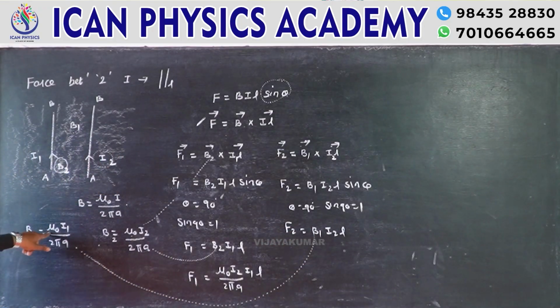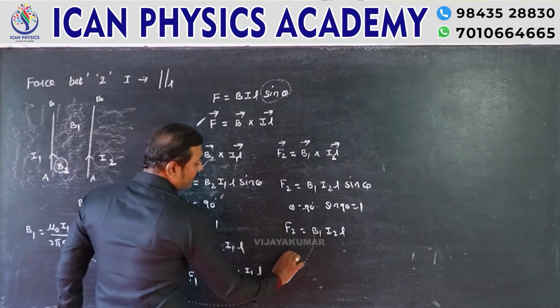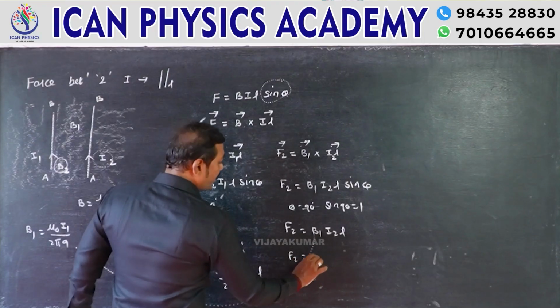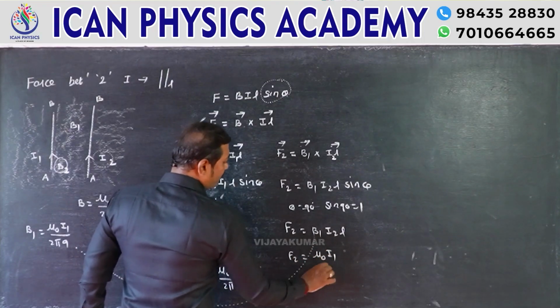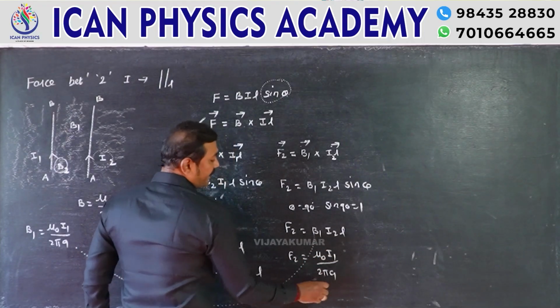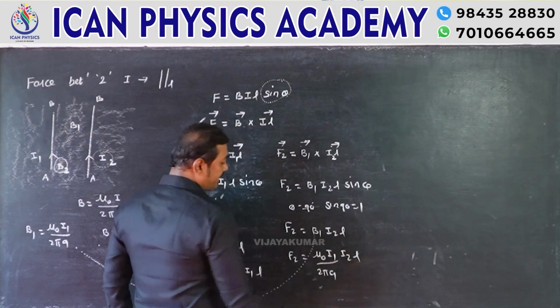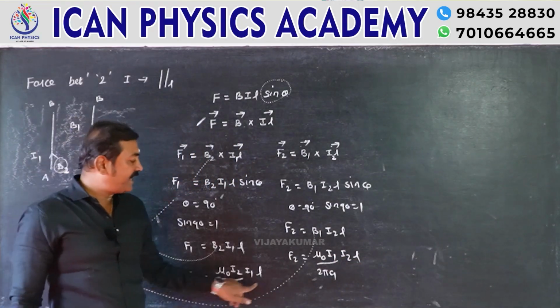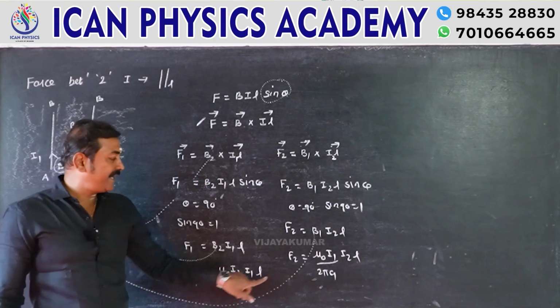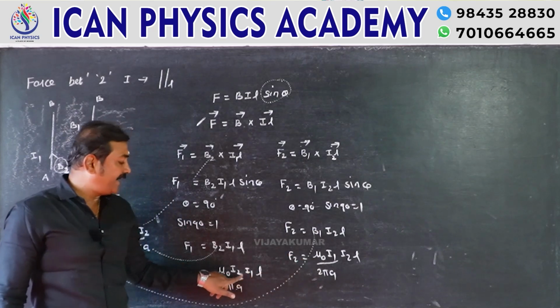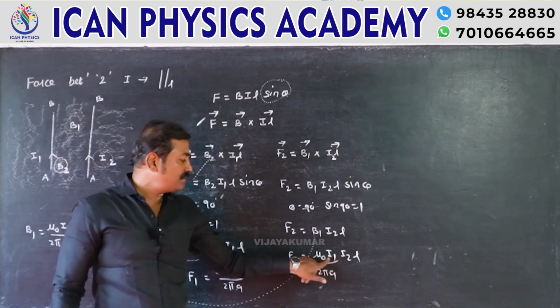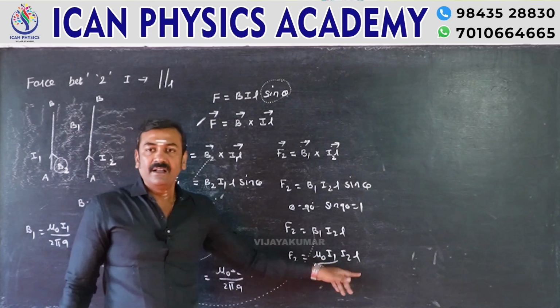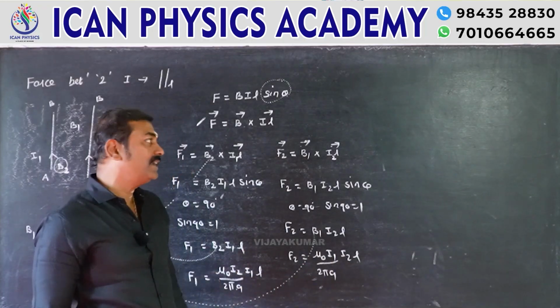F2 equal to μ0 I1 by 2 pi A into I2 into L. Now compare these two equations. μ0 by 2 pi A, μ0 by 2 pi A, I1 I2 into L. When RHS are equal, LHS are equal.